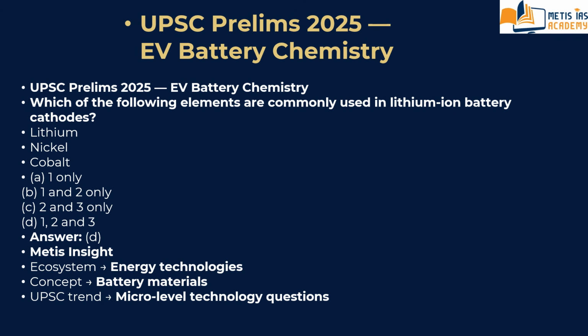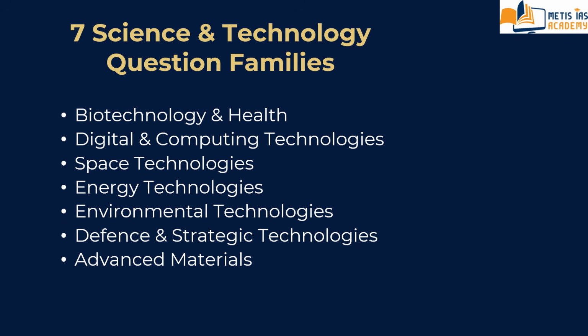Moving ahead, science and technology have now become one of the most dynamic areas of the paper. We have to analyze the pattern. When we analyze the last decade of science and technology questions carefully, something interesting appears.